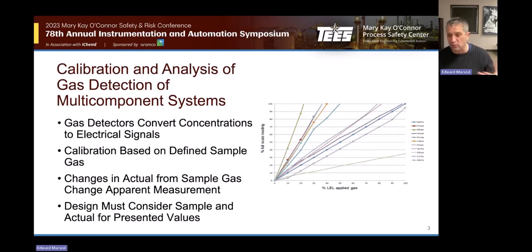I am going to end with the fact that you need to tightly coordinate your discussions with your equipment vendor. If you explain clearly to your equipment vendor what you're trying to do, they will get you the right calibration gases. They will tell you the right settings.